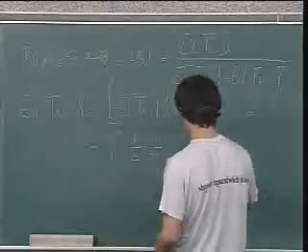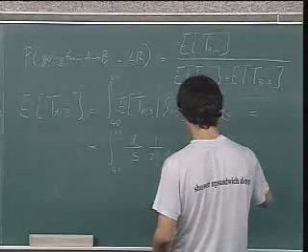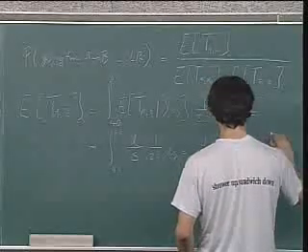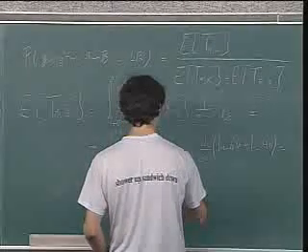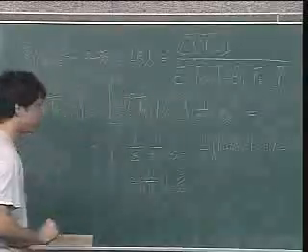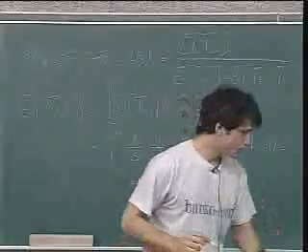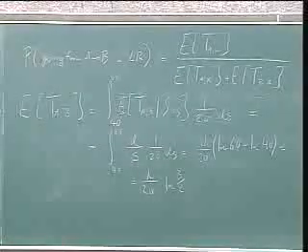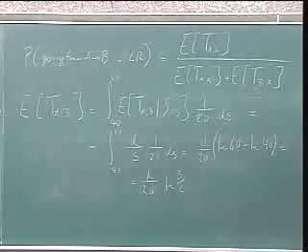So this becomes 1 over 20 times d times the log of 60 minus the log of 40, which is just equal to d over 20 times log of 3 over 2. So we calculated the expected time it takes us to go from A to B.